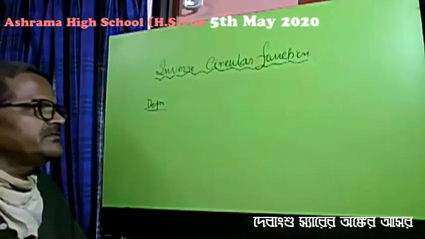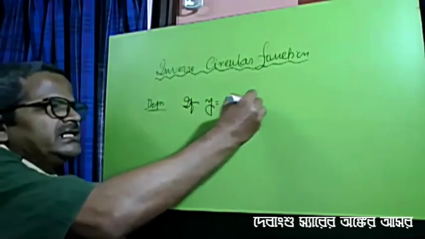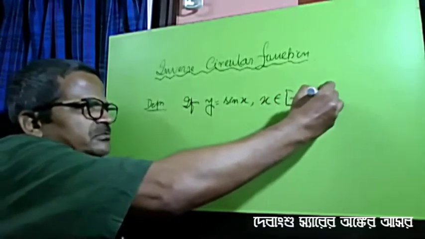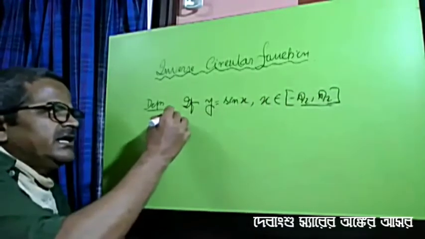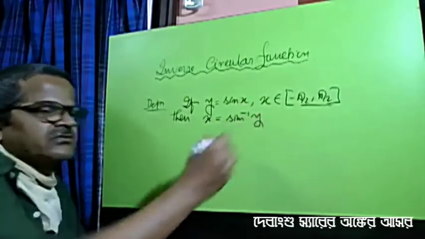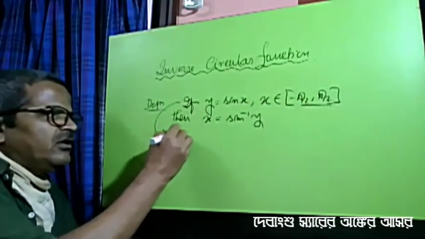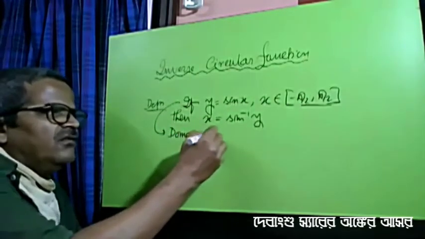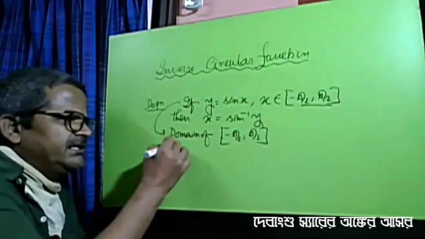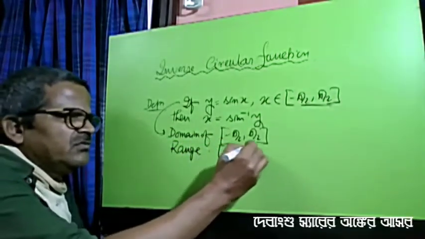Now see the definition of inverse circular function. If y is equal to sin x, x belongs to minus pi by 2 to pi by 2, note that, then x is equal to sin inverse y. And that implies the domain of this is minus pi by 2 to pi by 2, and range is minus 1 to 1.